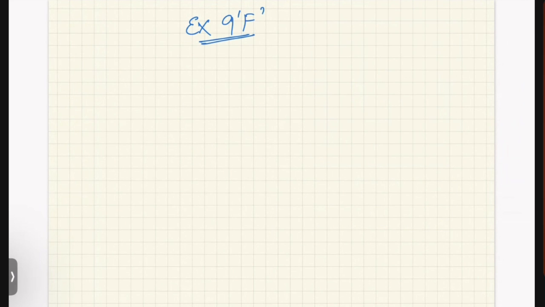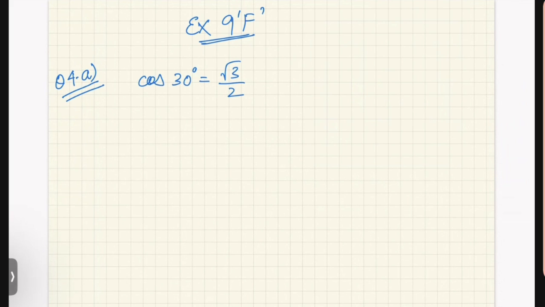Okay, fine. Let's say question number 4a. What is it saying? Cos 30 degrees is equal to root 3 divided by 2. They are saying use your graph in question 1 to find another value of theta for which cos theta is this. So in short, cos 30 degrees is root 3 by 2.